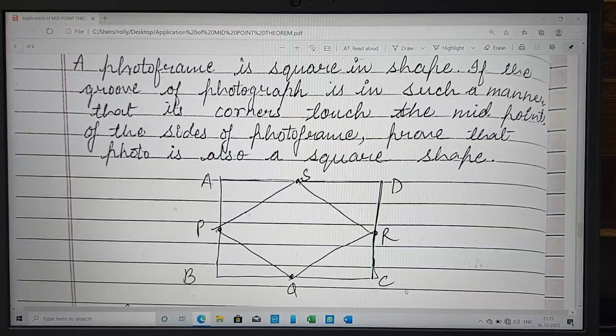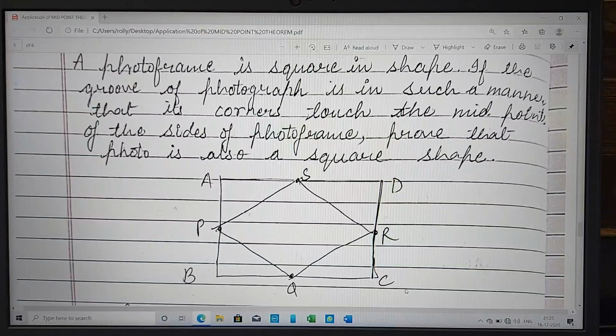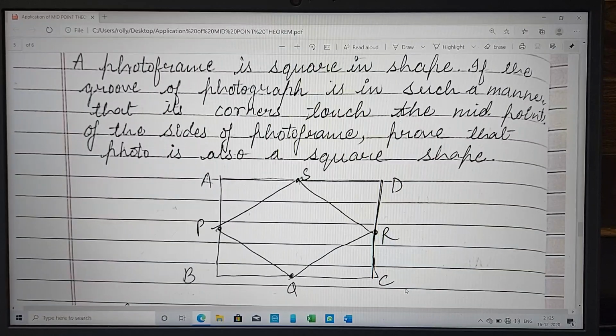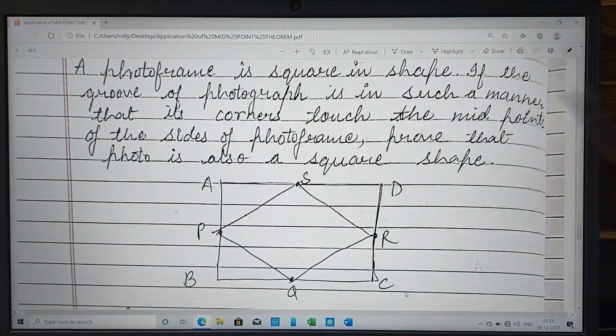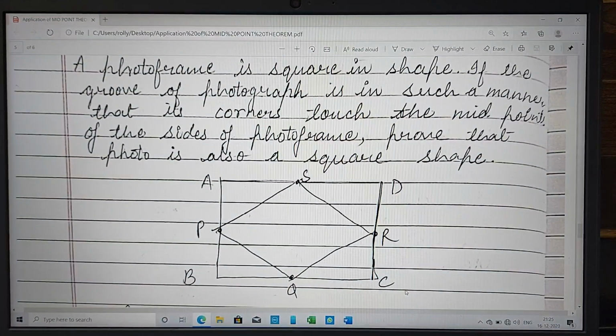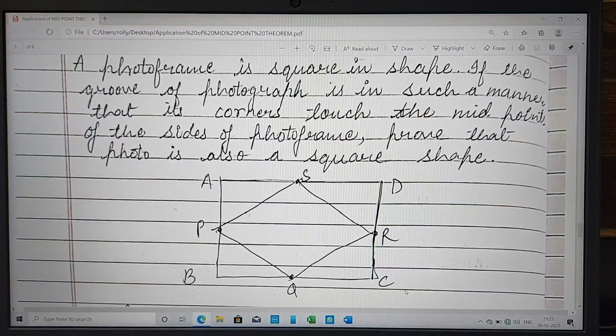They are saying that the corners, or the vertices, of the groove touch the midpoints of the sides of the photo frame. So basically P, Q, R and S are the midpoints of sides AB, BC, CD and AD of the square respectively. We have to prove that the photo is also a square shape.